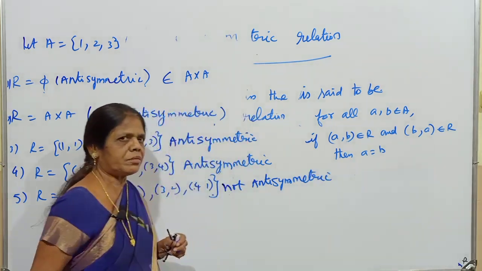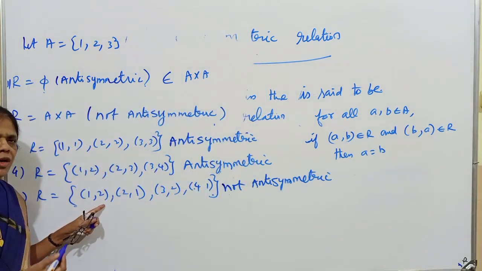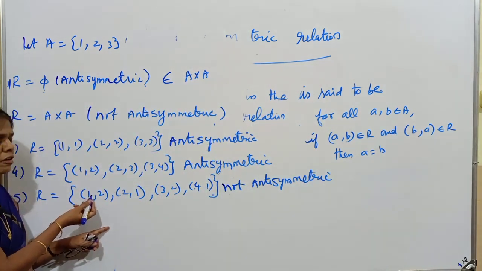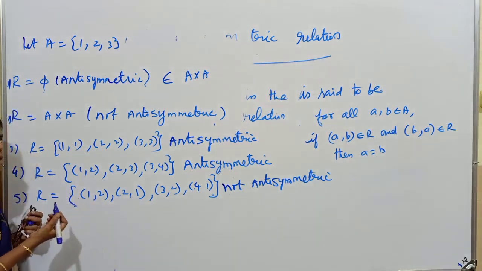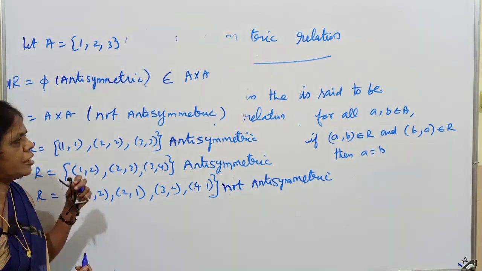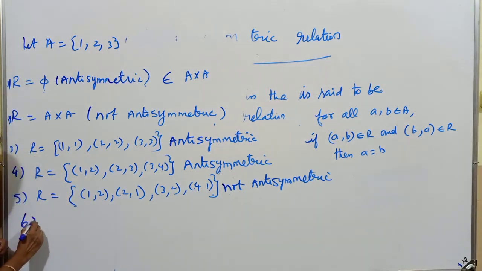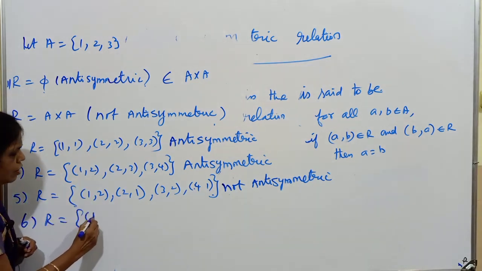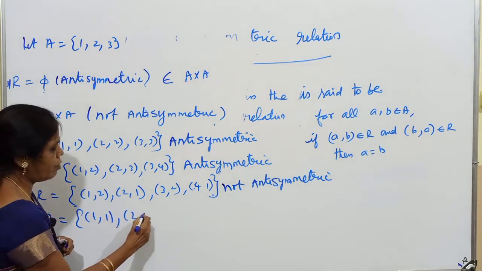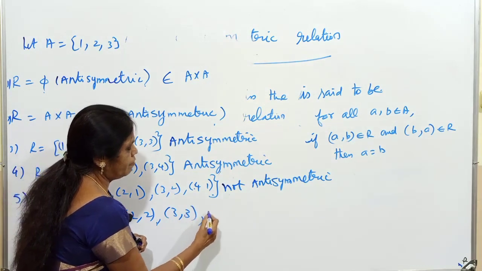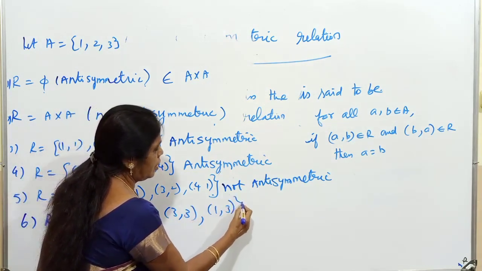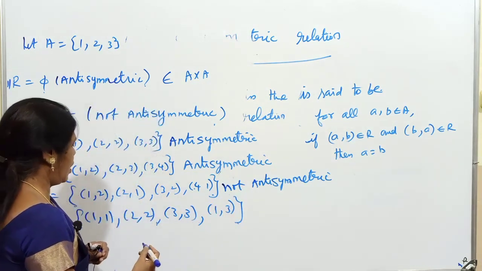All of you know that if even one pair is having its reverse form, then it is not antisymmetric. Okay. So these are some examples of antisymmetric, and you can say one more also if you want to take {(1, 1), (2, 2), (3, 3), (1, 3)} is also called antisymmetric.